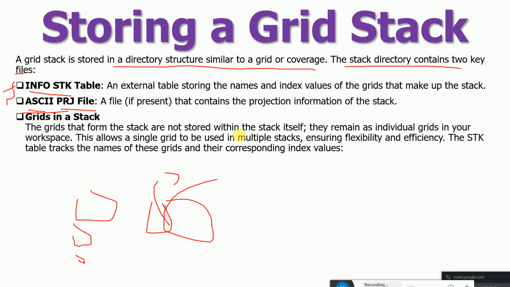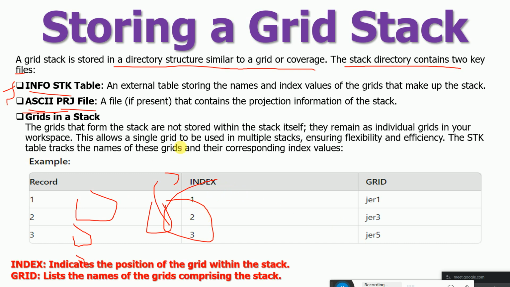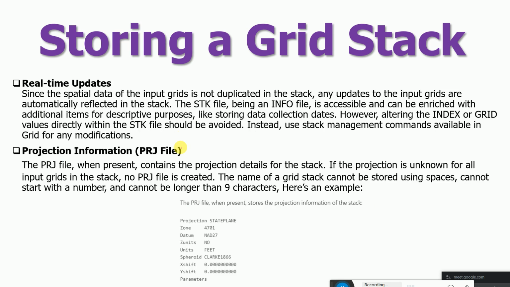The STK table tracks the names of these grids and their corresponding index values. So this is the table when you are doing the stack: grids J1, J3, J5, index 1 to 3, record 1 to 3. Index indicates the position of the grid within the stack. Grid lists the names of the grids comprising the stack.